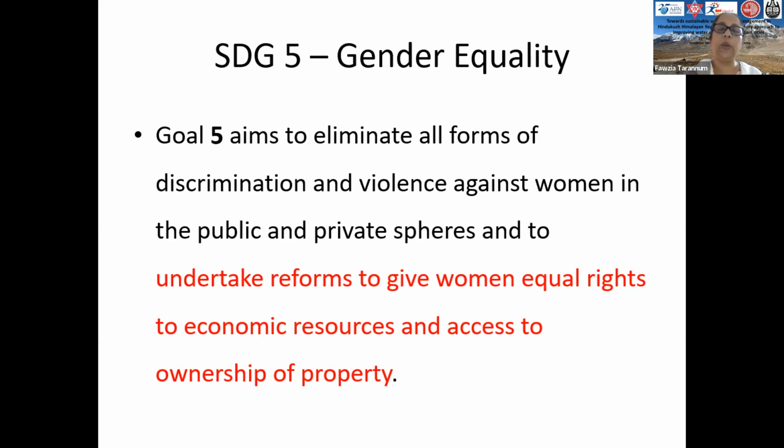Likewise, there could be a large number of men also who are at a disadvantage, by virtue of being poor, by virtue of being from a particular caste, by virtue of being of a particular color. But should we view gender from a binary lens?